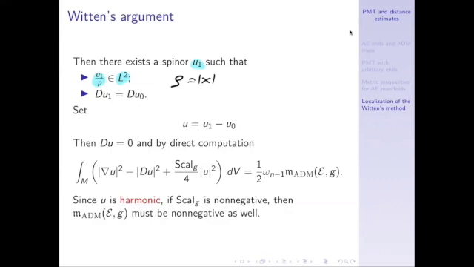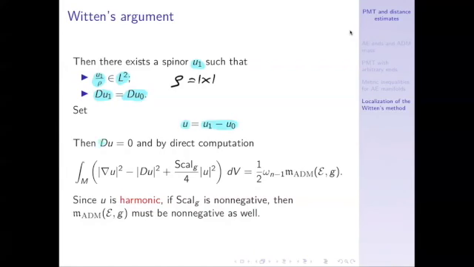And the second property is that DU1 is equal to DU0. These two properties follow from the analysis of the Dirac operator on suitable weighted Sobolev spaces. Now define U to be U1 minus U0.